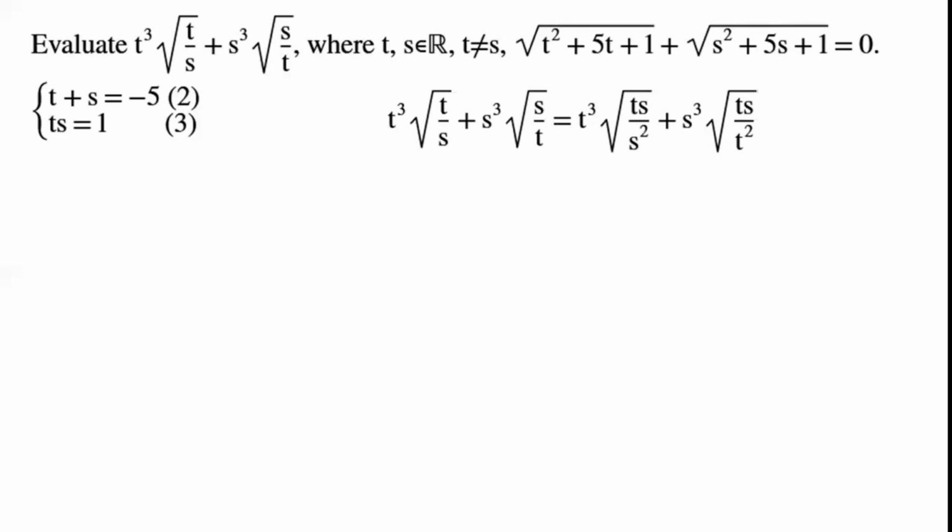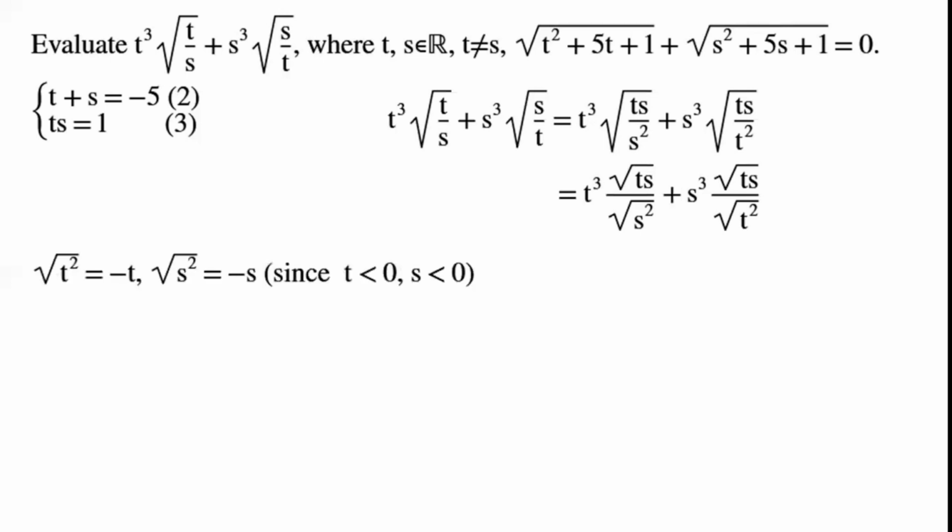Now, we simplify the given algebraic expression, which can be written as t cubed times root of ts over s squared plus s cubed times root of ts over t squared, which can be written as t cubed times root of ts over root of s squared plus s cubed times root of ts over root of t squared.